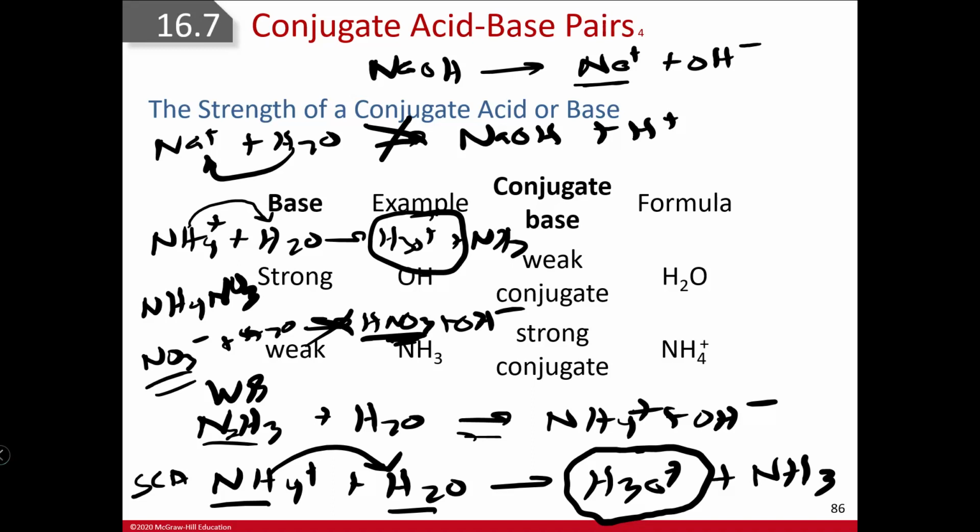So that's why this is important. It's used in agriculture. It's used in different processes, especially plastics and things like that, where you have to look at the conjugate acids and the conjugate bases to see how it affects the pH.